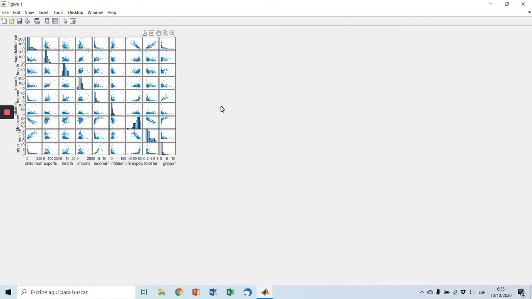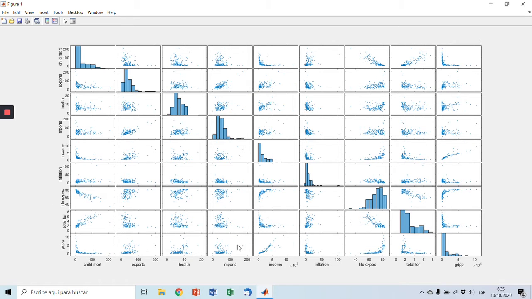Here in the plot matrix, we have all variables versus all, and we see that there are a few of them that are very much related. For instance, child mortality is almost independent of exports, health, and imports, but it very much depends on income. When the income is really, really low, child mortality is very high. But as soon as the income gets above a threshold, the child mortality gets independent of the income.